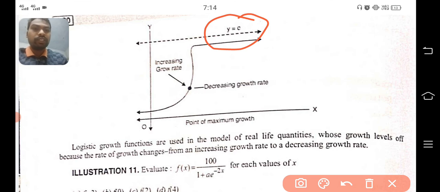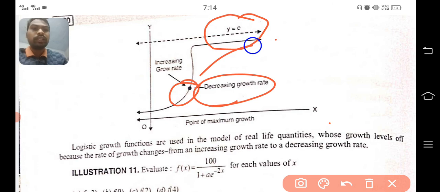Below the curvature point it is a decreasing growth rate, and above that point an increasing growth rate. That's why it is a stretched S-shaped curve, and the curve lies between y equal to c and the horizontal axis.